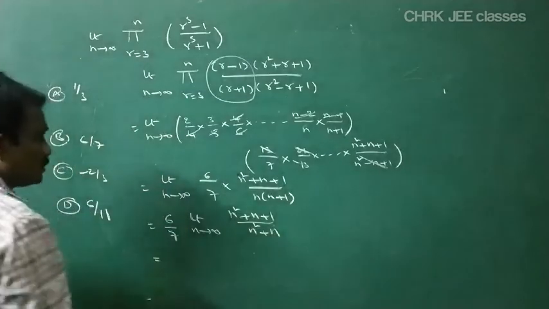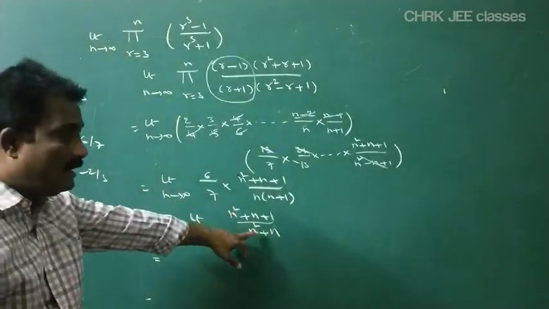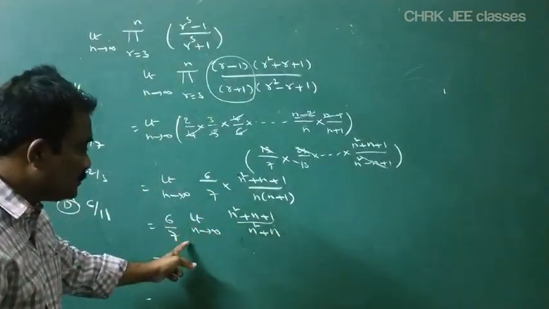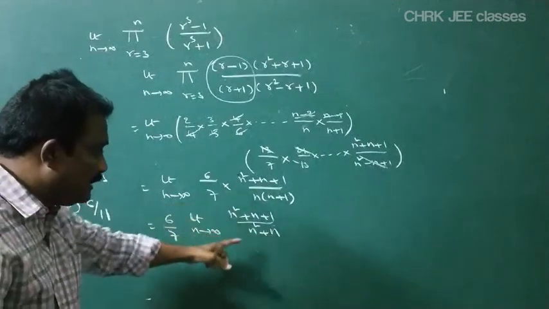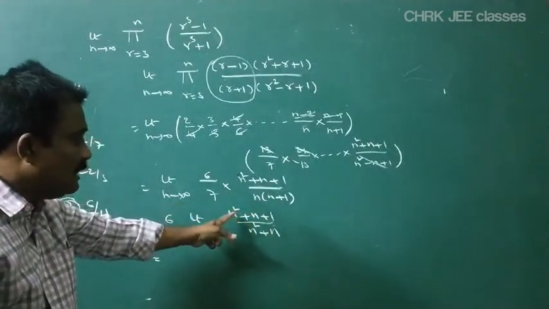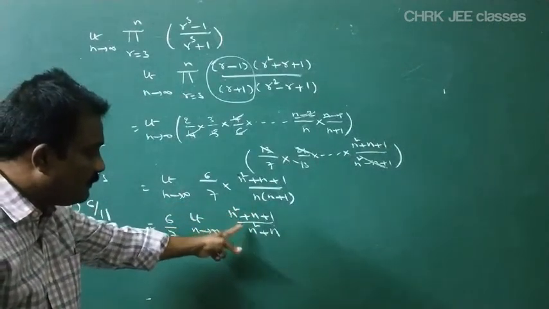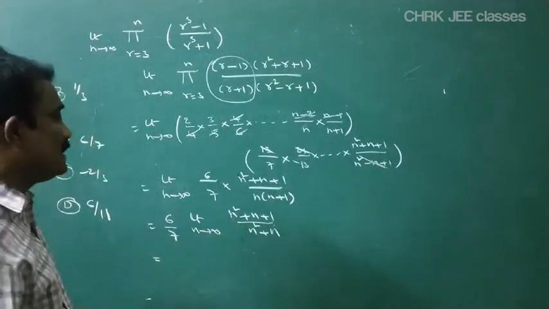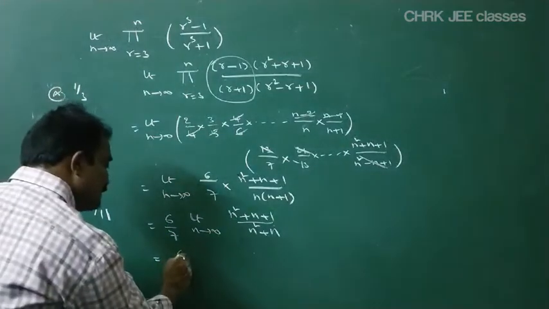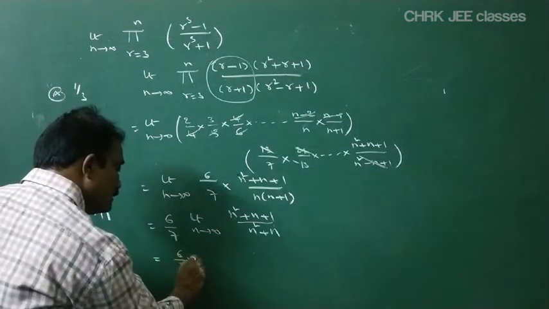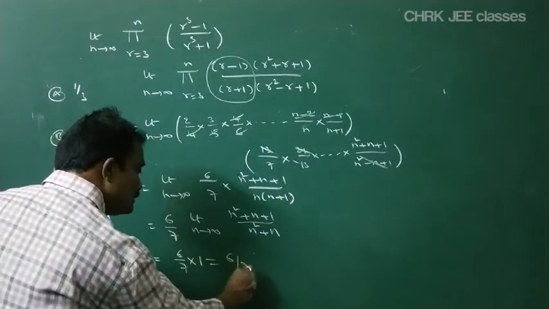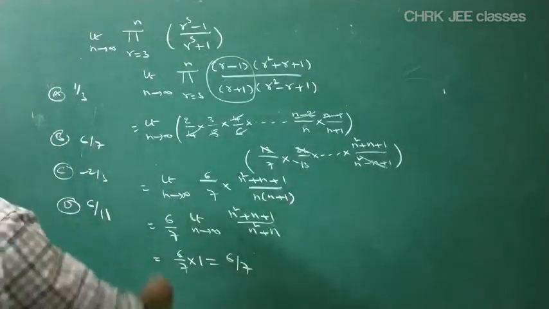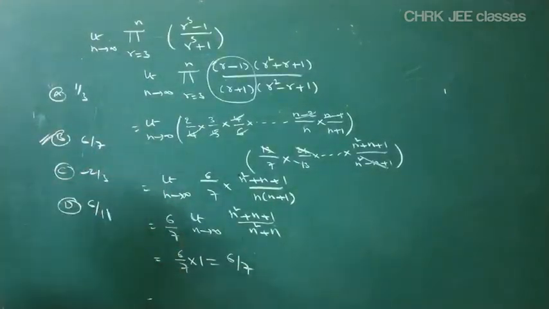Here in both the numerator and denominator powers are equal. If limit n tends to infinity and in the fraction both powers are equal, then we have to write the coefficients of highest powers. 1 and here also 1. 1 by 1 is nothing but 1. 6 by 7 into 1, that equal to 6 by 7. So the answer is B.